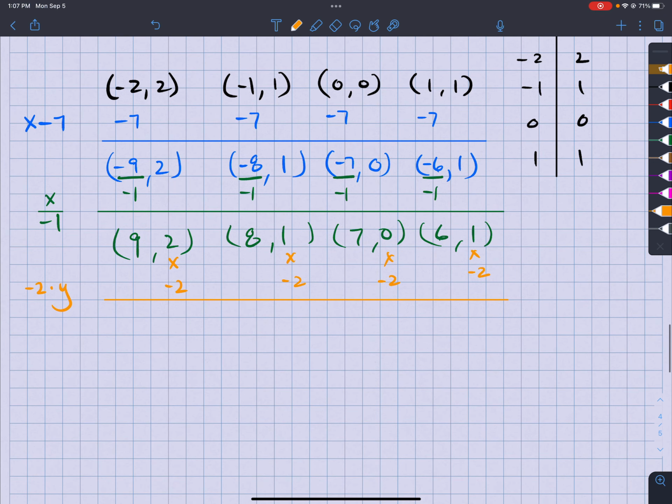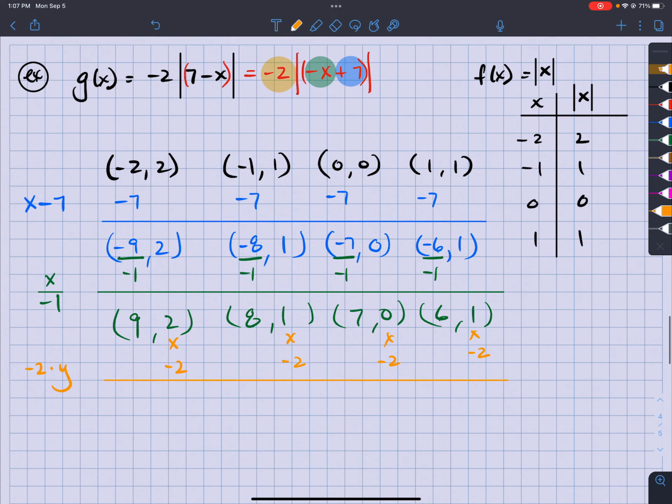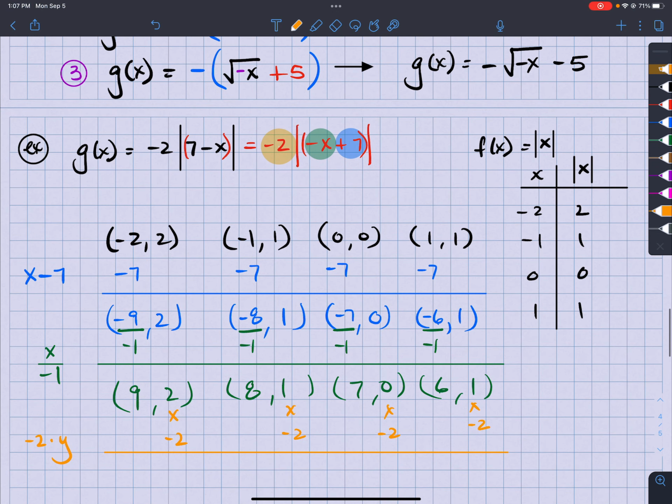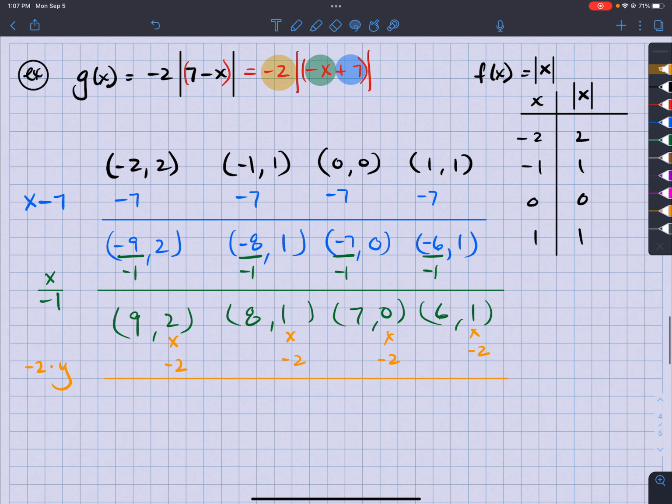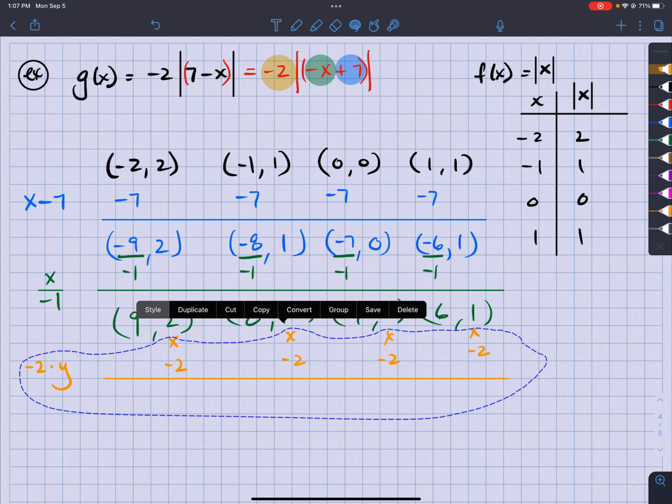So what do I have as my final point? You know what? I'm going to assume that these were all brown, just so you guys can see, because the yellow is very hard to see.